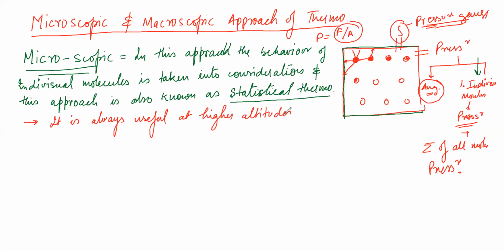Why higher altitudes? Because at higher altitudes the density is low, and when density is low, correspondingly the number of molecules is also less, right?